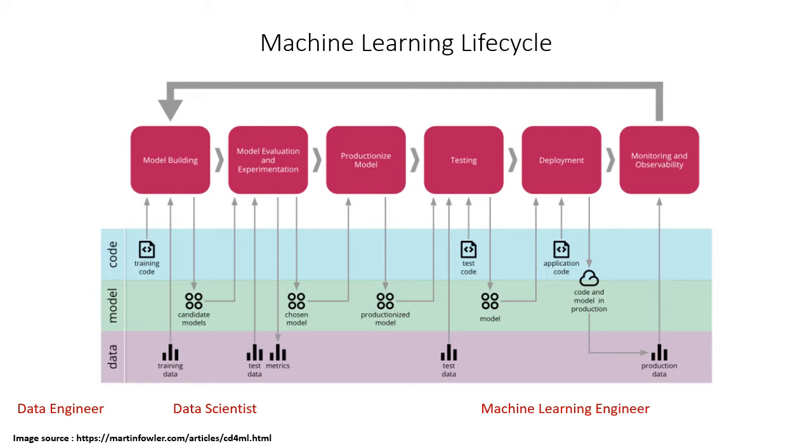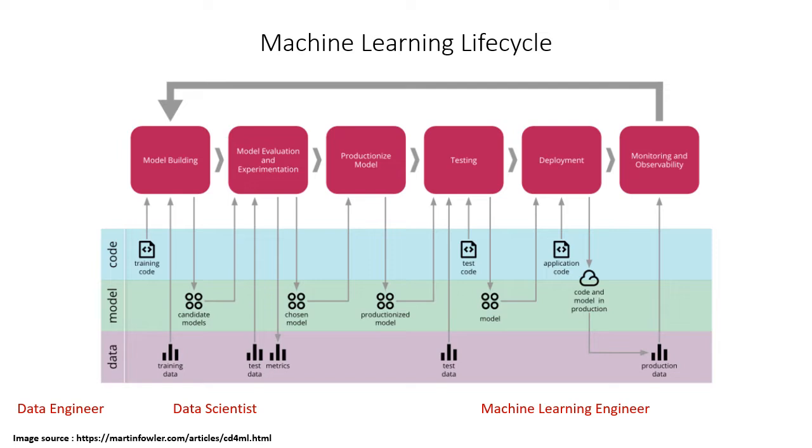And you try to evaluate the models and pick the model which is performing the best, and you productionize the model after doing relevant testing, and you deploy it to the end user. Once the model is deployed, you also monitor the model, and if the performance goes down, you again retrain the model with more data, and you make sure that the model is performing to the expected level.